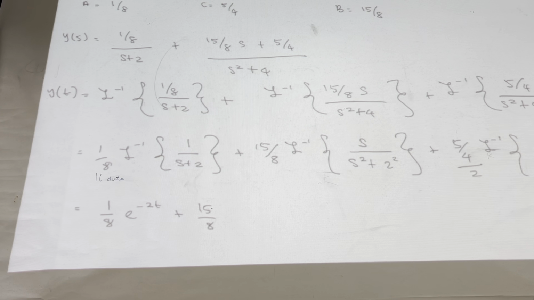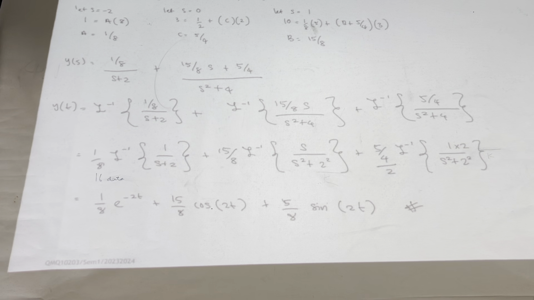This one is cos 2t, plus 5/4 divided by 2, 5/8. This one is sin 2t. Alright, so that is our answer.